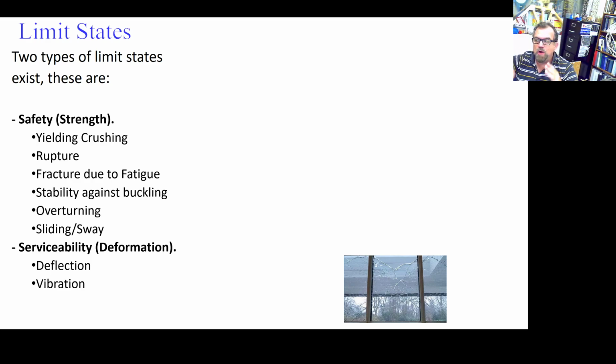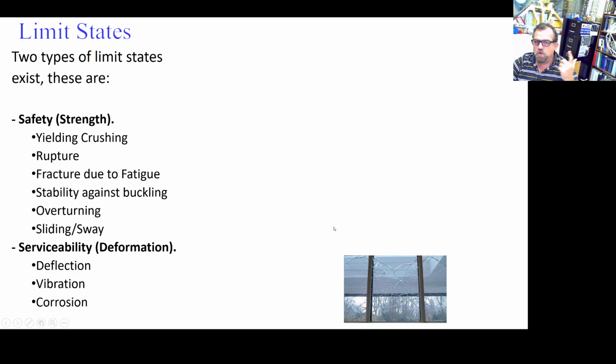You're going to be sitting on your bench and you're going to feel vibration. Does that mean that building is unsafe? No, by no means. But that type of lightweight structure induces vibration, and you should take care of that, because a lot of vibration might produce a serviceability issue.